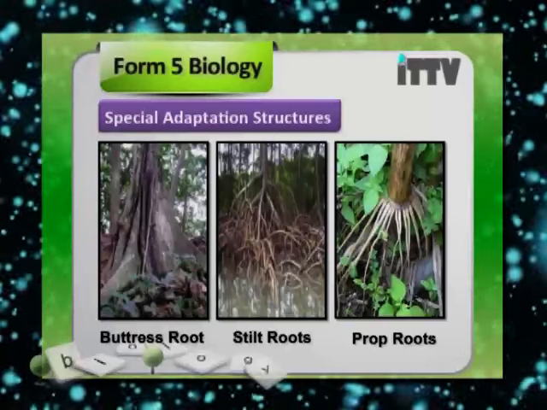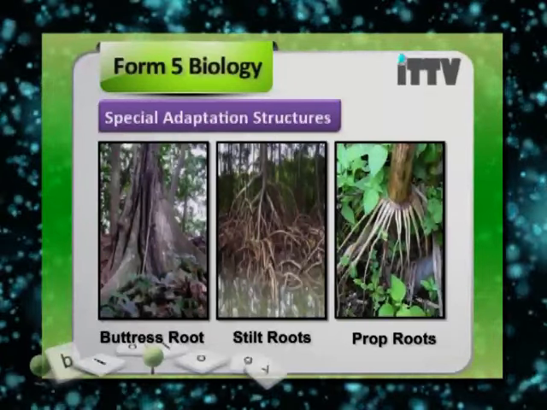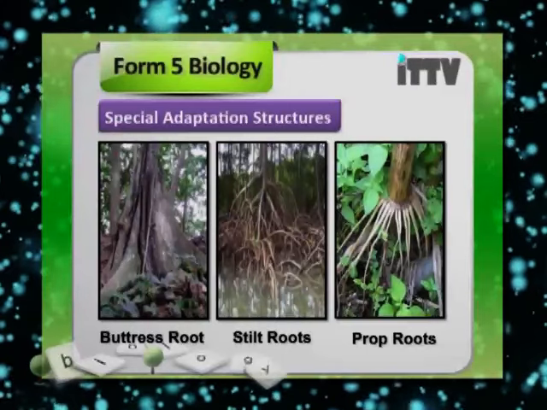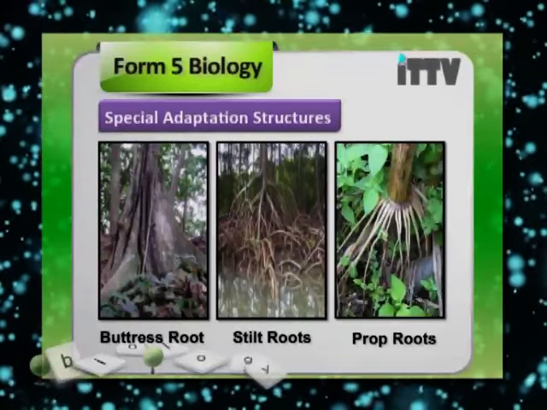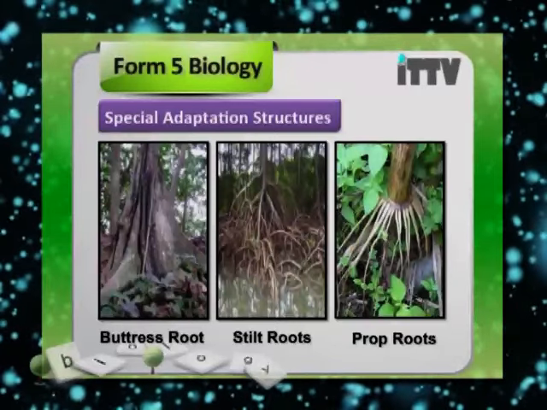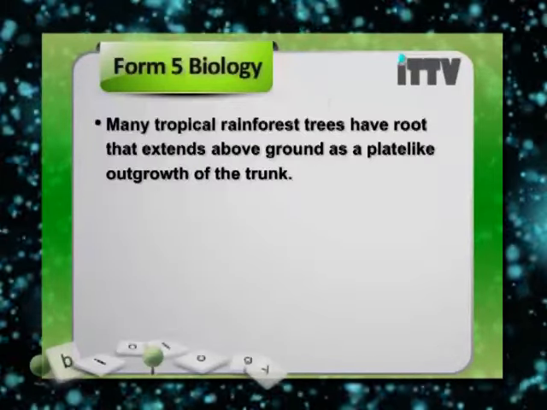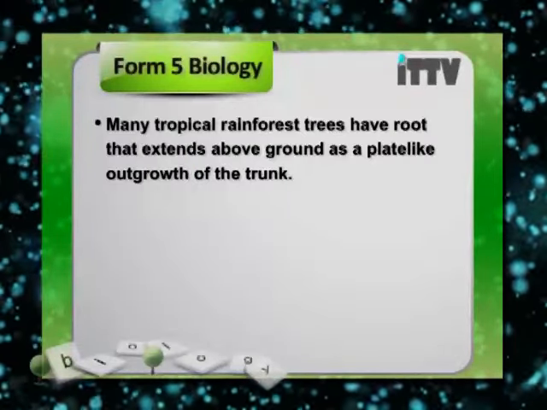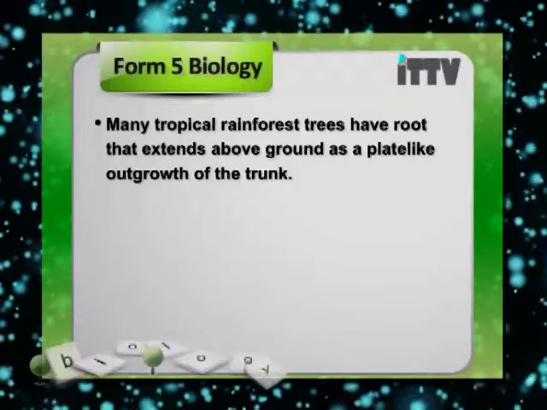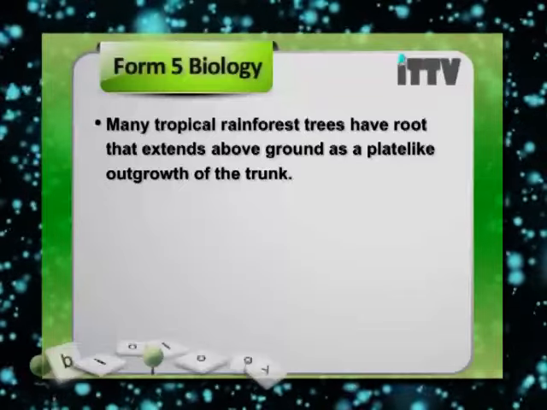Now, let us look at something different. Let's look at special adaptation structures that plants have to further support them. For example, you will see the buttress roots, stilt roots, and prop roots. Many tropical rainforest trees have roots that extend above the ground as a plate-like outgrowth of the trunk.